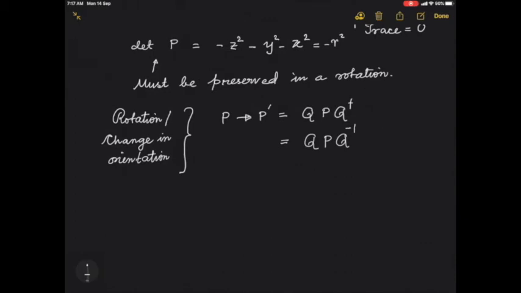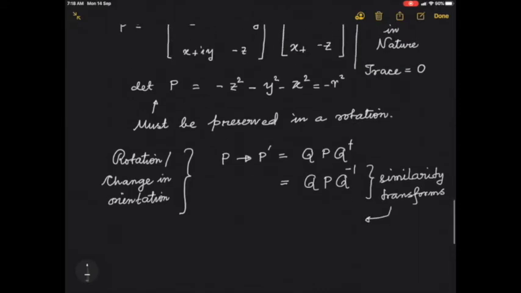And if you have studied matrix multiplication, which I guess you have, this amounts to a similarity transformation. Remember, similarity transformations preserve the eigenvalues.